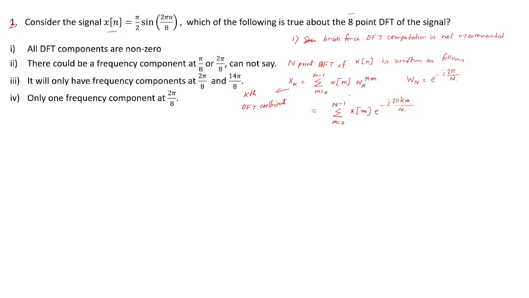So one thought is that you can compute these DFT coefficients, all these 8 coefficients of the 8-point DFT, but that's not a good way. So let us write down the N-point IDFT also. That actually brings you from the frequency domain to the time domain.